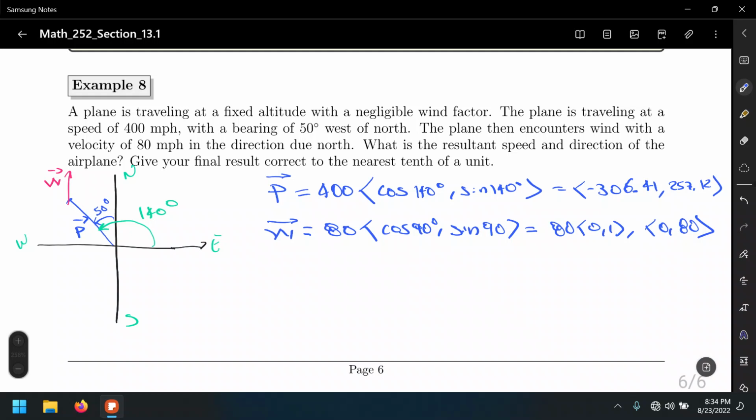Let's add the two vectors together, P plus W. That's the speed of the plane plus the speed of the wind encountering somewhere along the way.